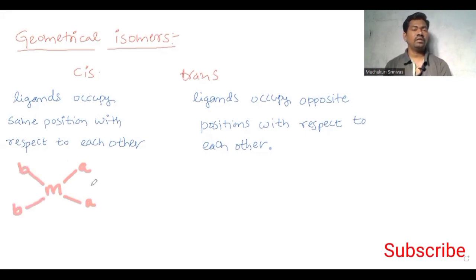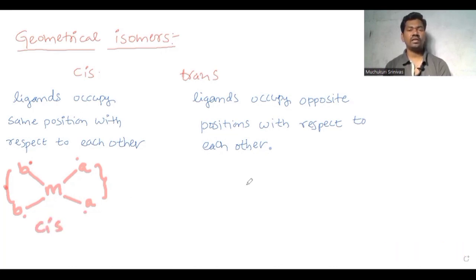Now A and A both are present at the same side, and B and B both are present at the same side. So here A and B, these two are also present at the same side, and here A and B are also present at the same side. So this type of isomer is called cis isomer. Then what is trans isomer?